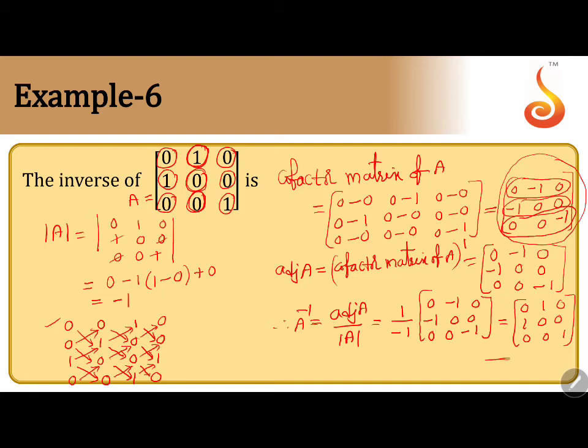So this is the way of finding the inverse of a 3 by 3 matrix. First find det A. After that, take one pattern to find the cofactor matrix directly. That means you start from the middle element 0 0 1 0, come down 0 1 0 0, go up 1 0 0 1.